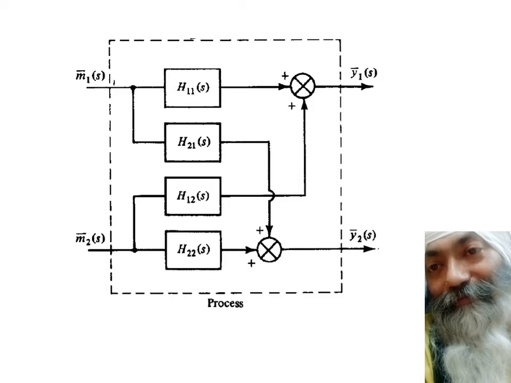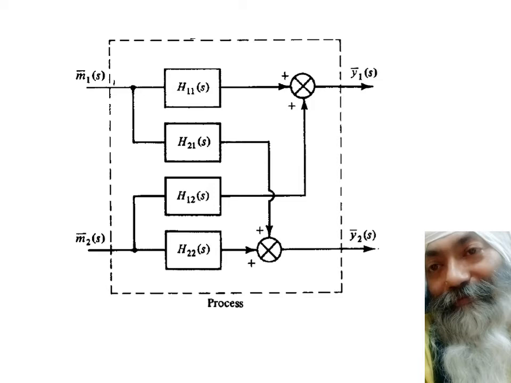The question is that if I have two SISOs, SISO being single input, single output, will that make MIMO? In that case also you will have two inputs, and two outputs. Let us explore what is the answer to this question.